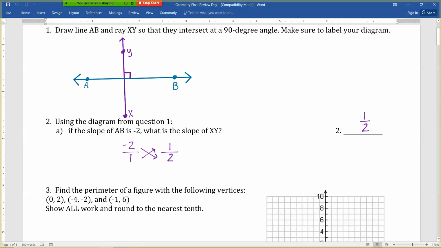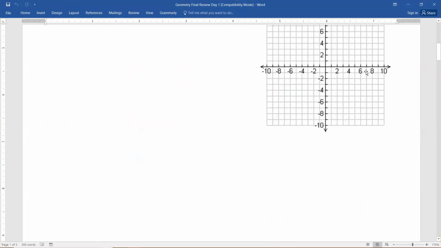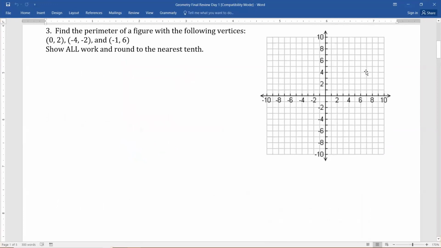Question number 3. So, find the perimeter of a figure with the following vertices. So we're given ordered pairs 0, 2, -4, -2, -1, 6. We're going to use the distance formula 3 times. So you've had a test question like this before. It's just a different set of ordered pairs.